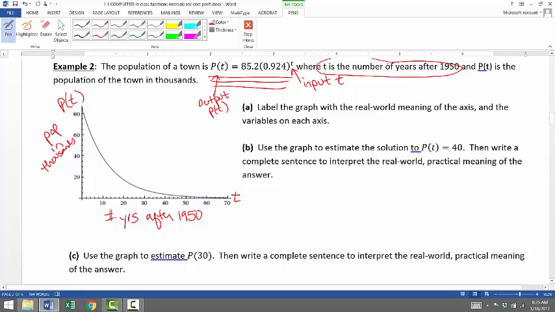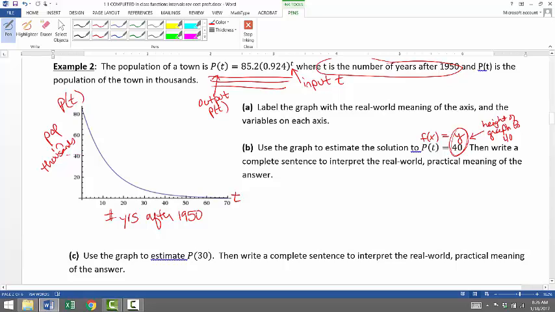Part B says use the graph to estimate the solution to P of T equals 40. Again, if you're still just learning function notation, it might help you to write f of x is y. They are telling me here the output value, the y value, is 40. On a graph, that means the height of the graph is 40. So we need to go over to our graph, find a height of 40, which is here.